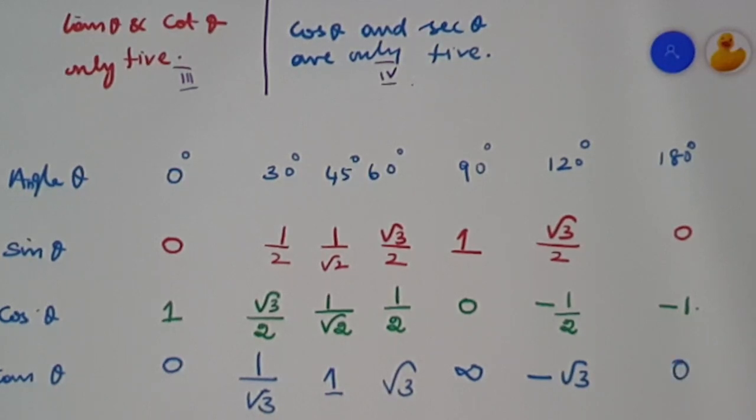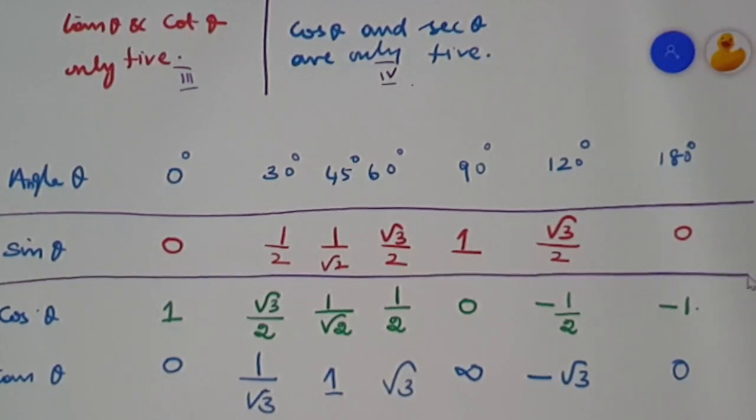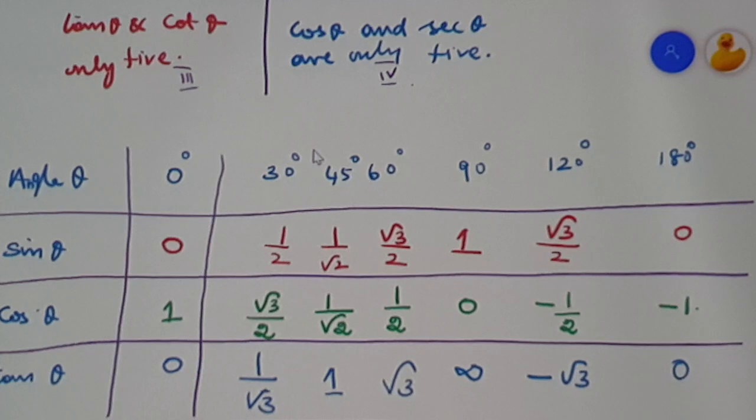So we have taken this as a tabular column in order to study the values of sine, cos and tan for different angles: theta is 0, 30, 45, 60, 90, 120, and also 180.